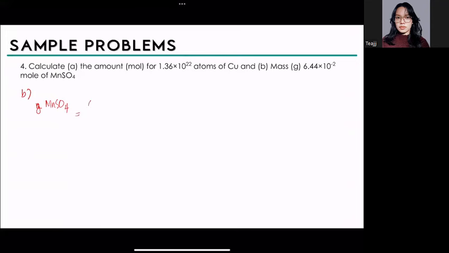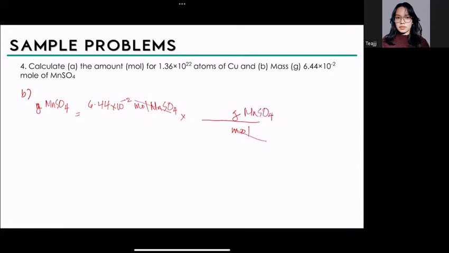So we start with the given number of moles, 6.44 times 10 to the negative 2 moles of MnSO4. Then we need to convert it into grams of MnSO4. To do that, we're gonna use molar mass, with moles at the bottom to cancel out this one here, and to end up with grams on top.